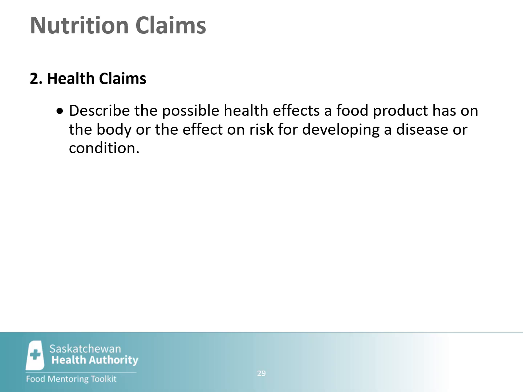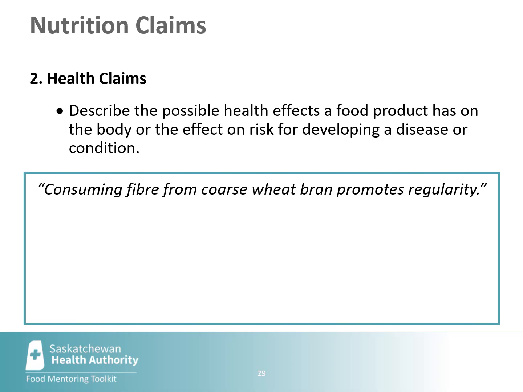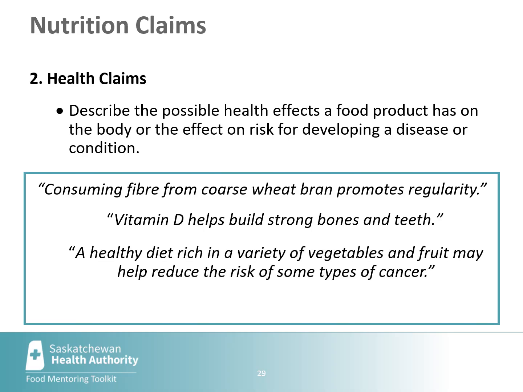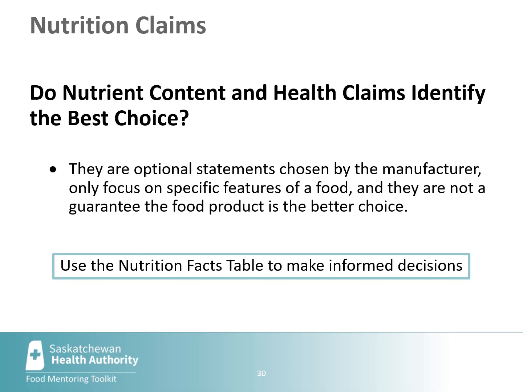Examples include: consuming fiber from coarse wheat bran promotes regularity. Vitamin D helps build strong bones and teeth. A healthy diet rich in a variety of vegetables and fruit may help reduce the risk of some types of cancer. And oat fiber helps lower cholesterol.